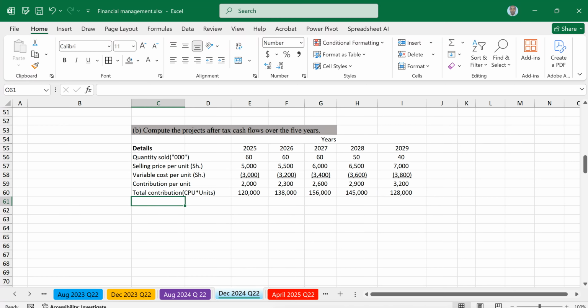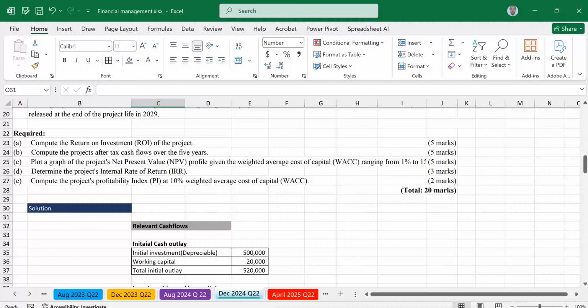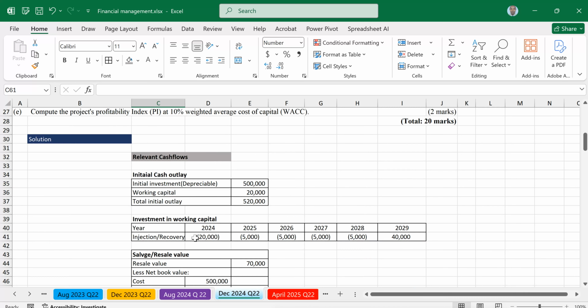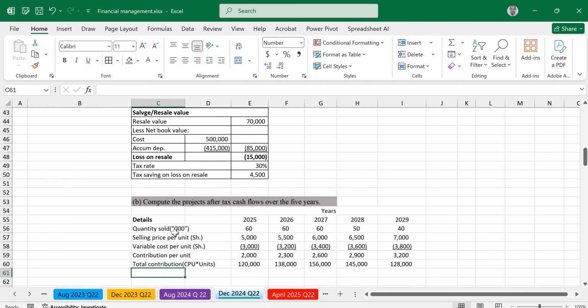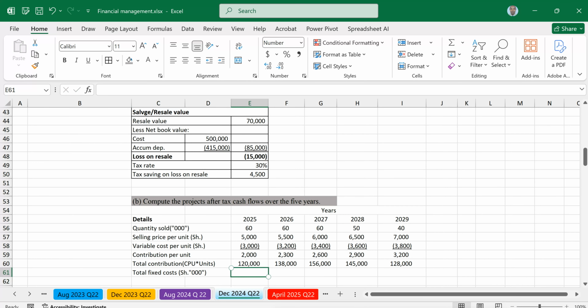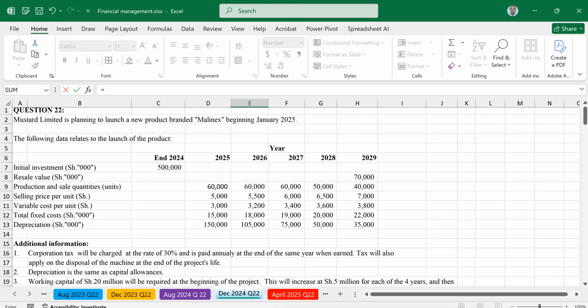I hope there is no other per unit here. Yeah, there is no other per unit. You can see this is now total fixed cost. Then we have also depreciation. So the total fixed costs, $15,000.